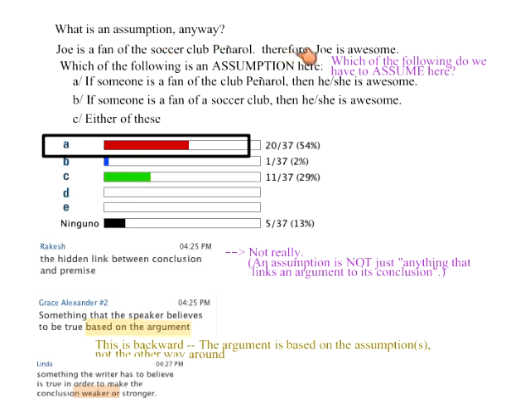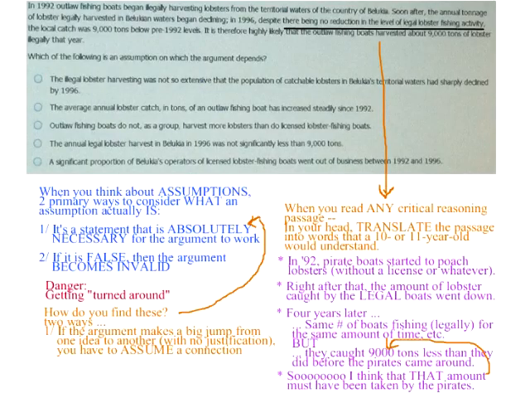We suddenly jumped from Joe as a fan to thinking Theo Joe is awesome. That's kind of a big jump. I mean, if you're a fan of his team, it's not that big of a jump. But we needed an assumption to get us from point A to point B, whoa, how did you get there, kind of thing. So that's one way to do it. Although here there's not any gigantic jumps in the reasoning. There's not anything huge here.